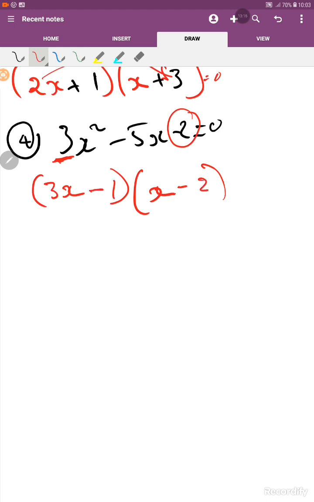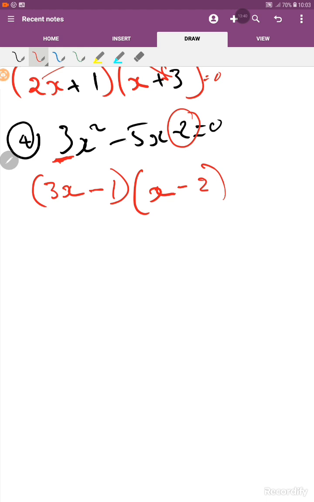So remember that I usually say that I like to put negatives before, because I know that I can control the narrative of negative, meaning that if one of the brackets must be positive, I can easily make it positive, right? So let's check first our signs. We have 3x squared minus 5x minus 2.